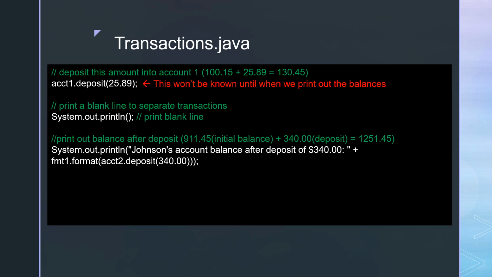The return value will be the initial balance of the account, $911.45, plus the deposit of $340, which will return a value of $1,251.45. Because we use a println statement, Java now invokes the return balance part of the deposit method. Before, it just stored the value.